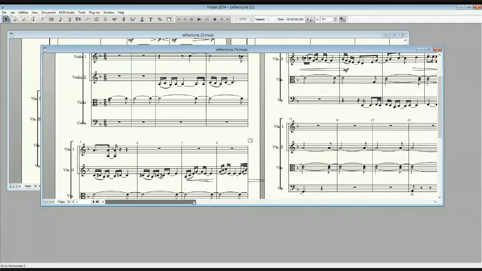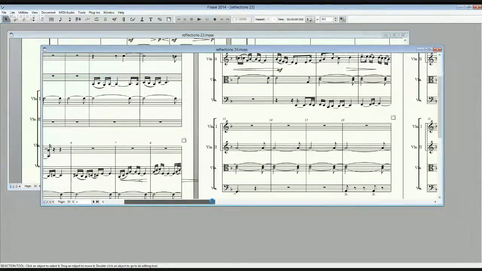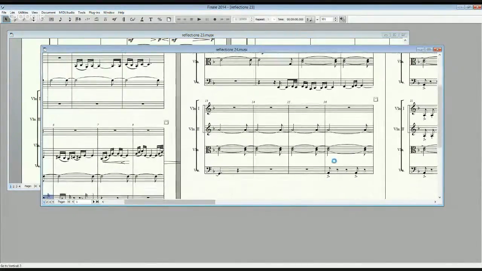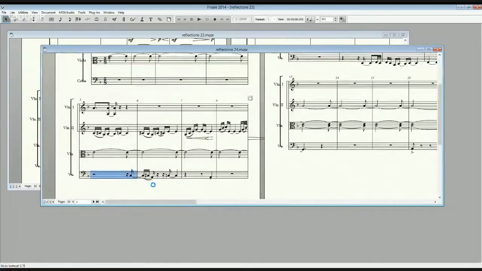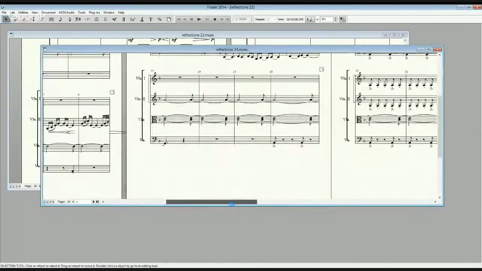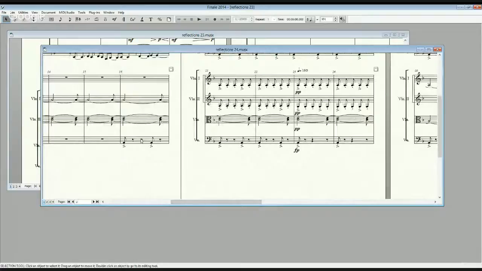Weird. It moved the baseline, but not the other thing. Okay, forget it.